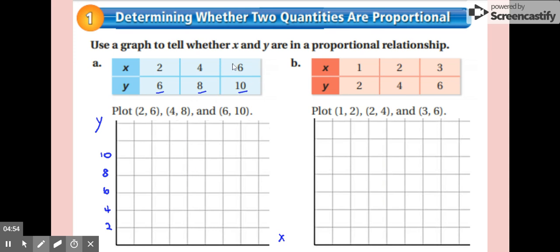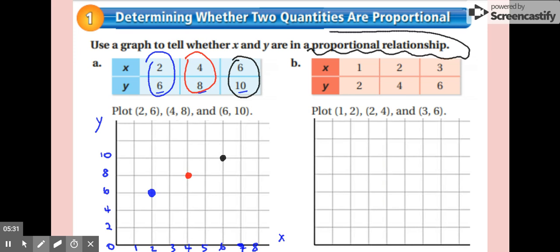I think the maximum is only 6, so I'm going to go up by 1, 2, 3, 4, 5 and 6, and there's an origin here, right? 7, 8. So now where's 2, 6? You have to plot 2, 6, and 4, 8, and you're going to put 6, 10. Okay, and we just finished the graph, plotting all the points.